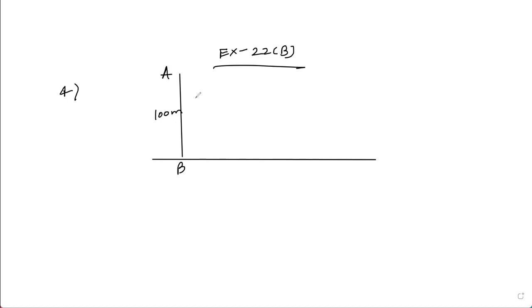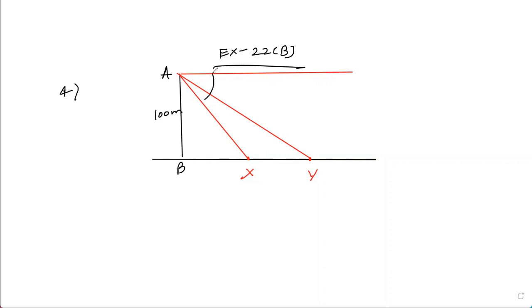Once when the ships are on the same side. So let me first consider that the ships are on the same side. So suppose this is the first one, this is the second one. So that means the angle of depression, as they have given, is going to be 48 and 36.